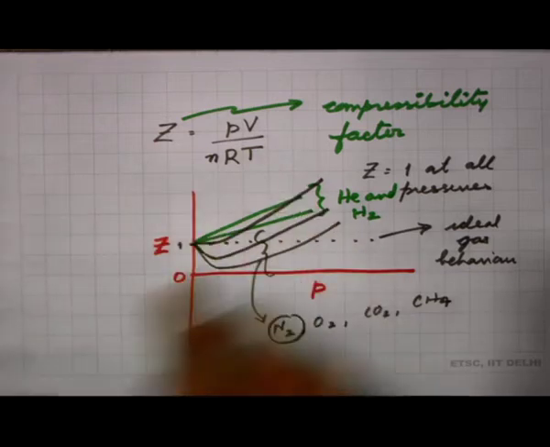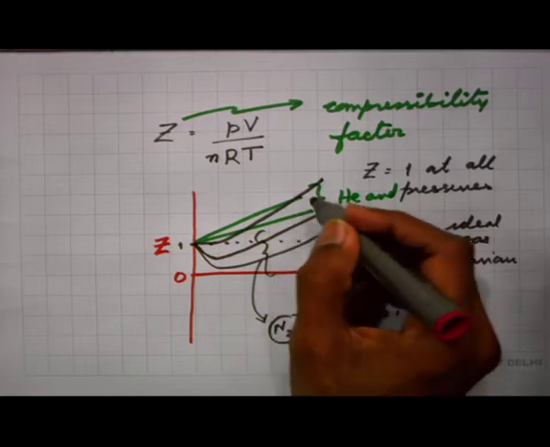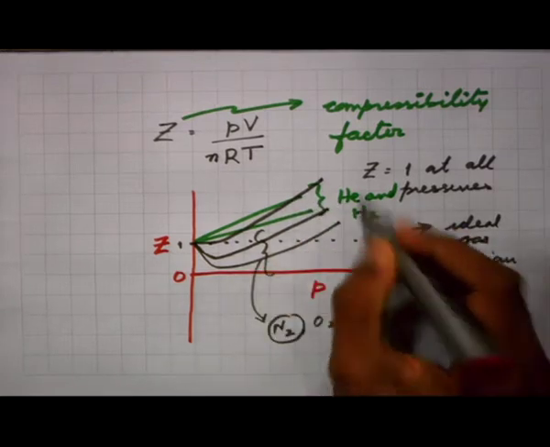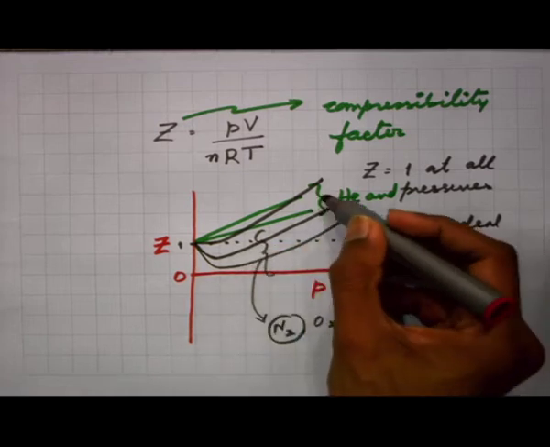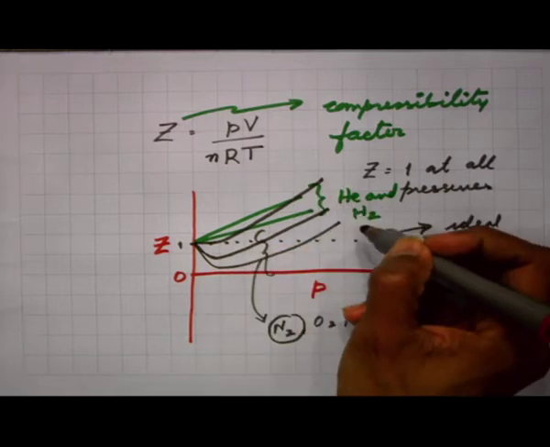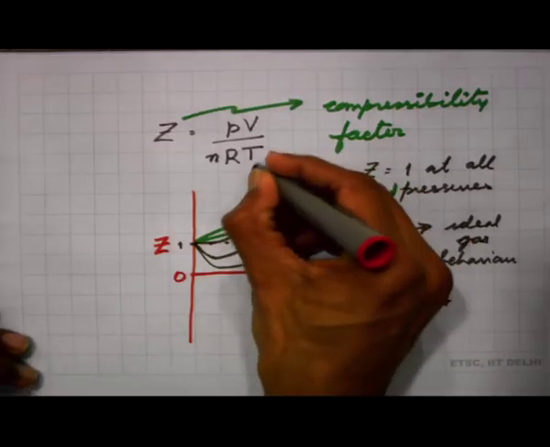So, you have gases whose Z value is always greater than 1 for all pressures at particular temperatures, and you can also find that if you take helium and hydrogen and you decrease the temperature. So, this is at a fixed T, mind you.